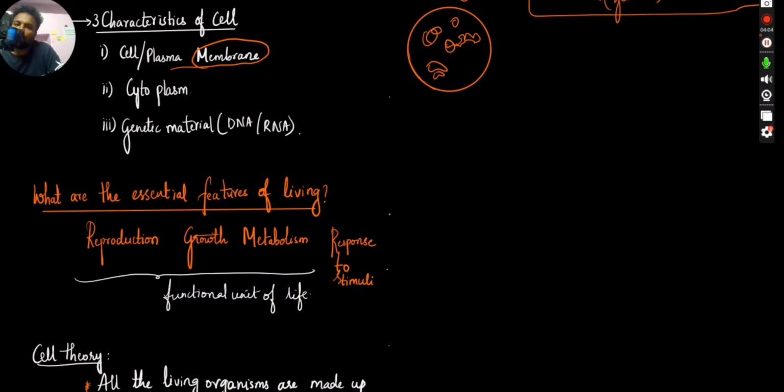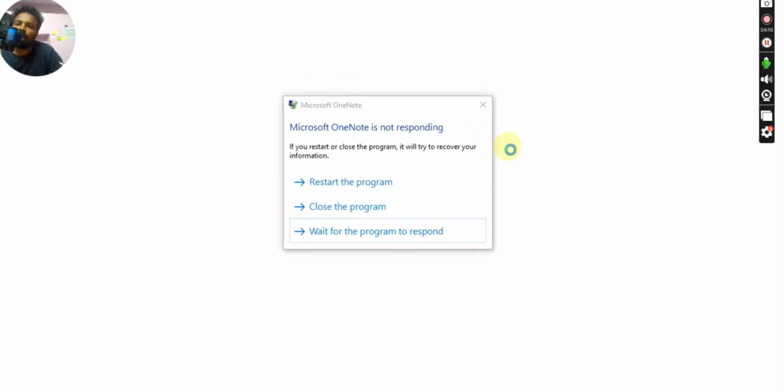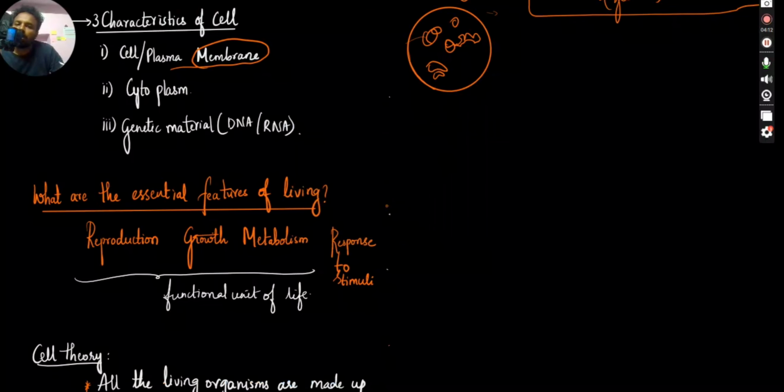If there is no boundary, then everything can float, and that should not happen. So what should be there? A boundary wall should be there. That boundary wall is called the membrane, right?